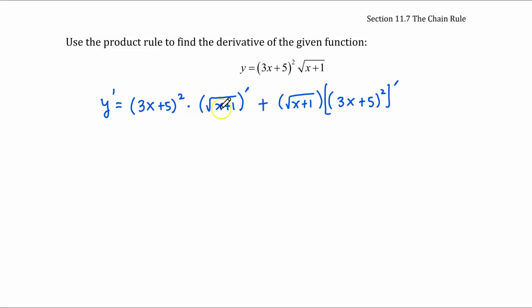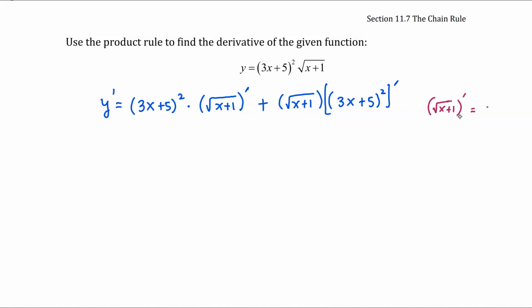Now on this side, let's differentiate the square root of x plus 1. So square root of x plus 1 prime. To differentiate this, let us first write square root of x plus 1 in exponential form.